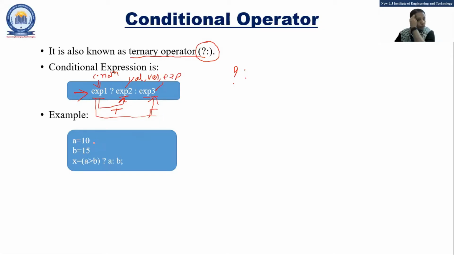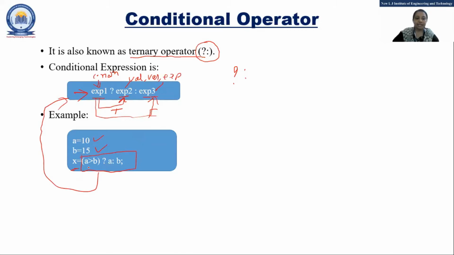So how to check it with an example? Here I have taken two variables, a equal to 10 and b equal to 15. I want to find out the largest one and assign it to X. This is the same syntax as specified here.